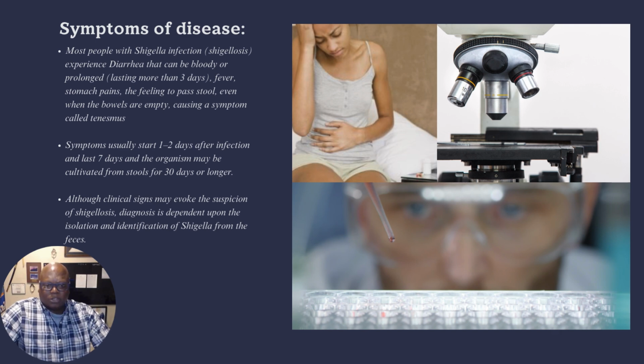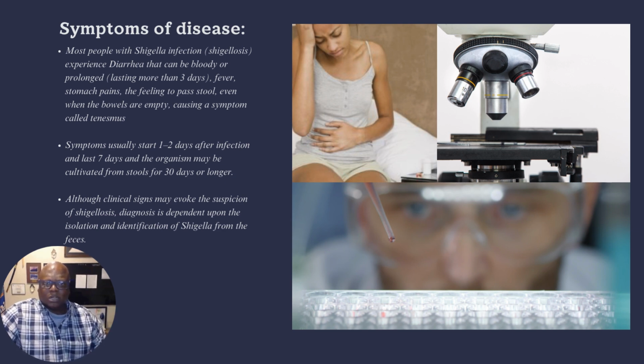Okay, now that we understand how Shigella invades the body, you might wonder how to know if you have Shigella or not, right? And then how to protect yourself and others. Most people with Shigella or any type of gastrointestinal infection will have those classical symptoms such as abdominal pain, fever, and some diarrhea.